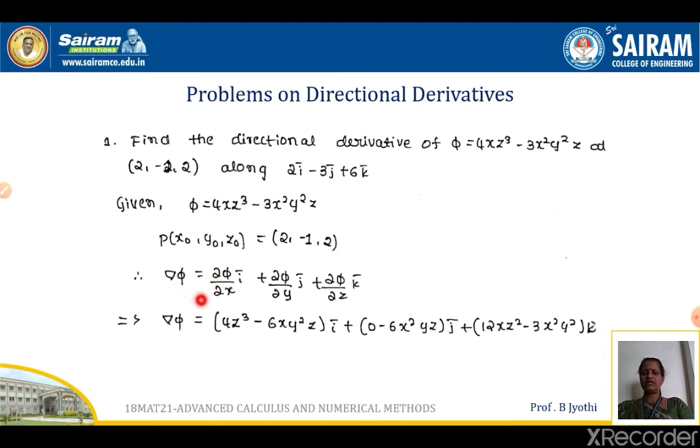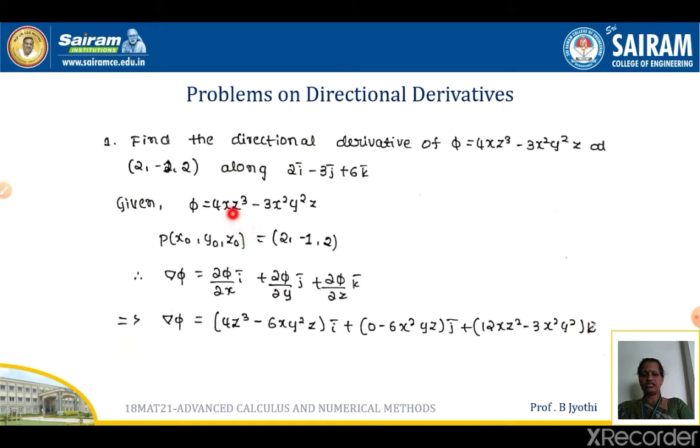The formula for del phi is given by dou phi by dou x into i plus dou phi by dou y into j plus dou phi by dou z into k. This implies del phi is given by, when we differentiate phi with respect to x, 4z cubed minus 6x y squared z of i, plus dou phi by dou y.